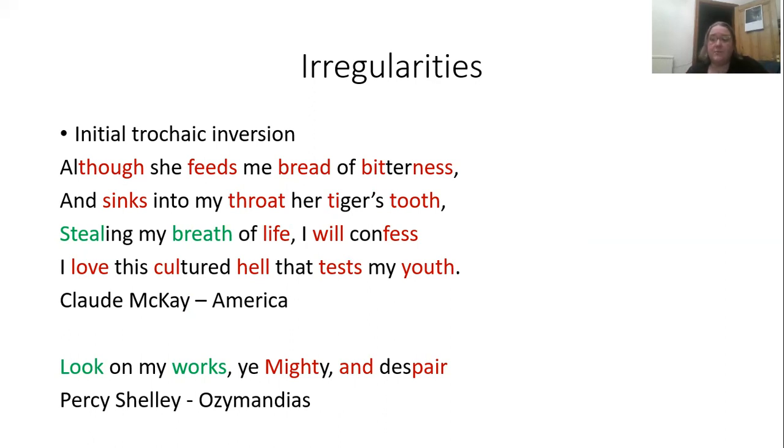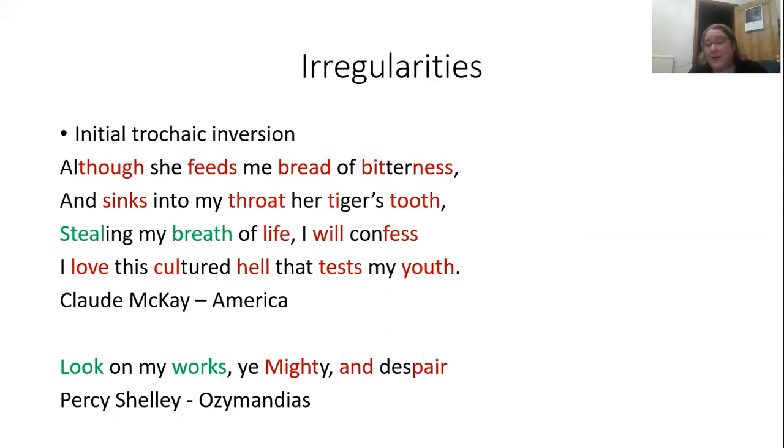We've noted it. What can we say about it? Now, I had a great comment in one of my classes about this, the idea that this replicates the very idea of the stealing of breath, where the rhythm is slightly broken. There's an irregularity, almost like a gasp or an intake of breath. Stealing my breath of life.